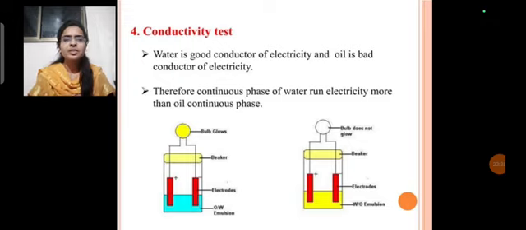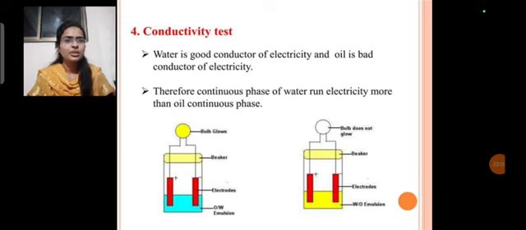In that, water is present in the continuous phase, therefore it can conduct electricity and the bulb glows. In the other diagram, there is a W/O type of emulsion. Here oil is present in the continuous phase, therefore electricity does not flow and the bulb does not glow.